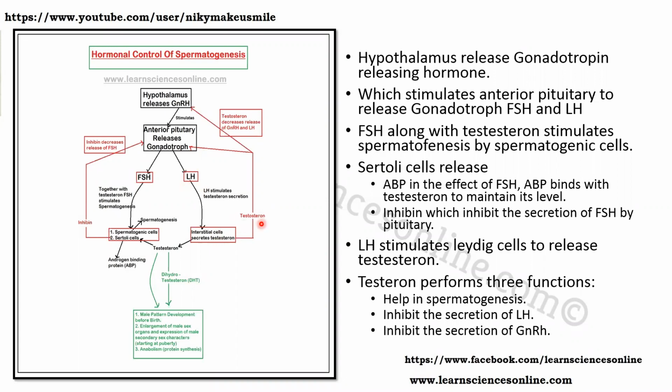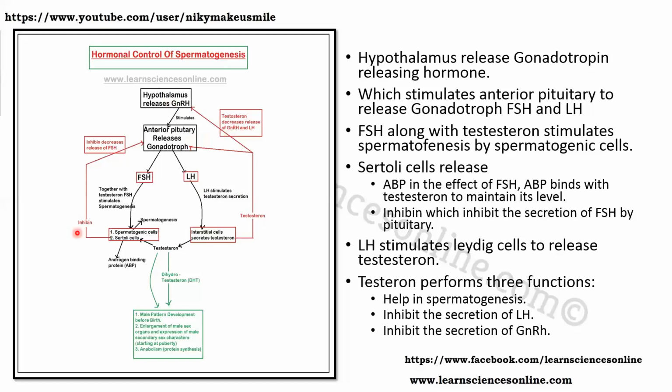This testosterone stops the pituitary from releasing more LH, because every hormone should be released in proper amount in the body only. Any greater amount is harmful for the body. So to maintain the level of LH in the body, testosterone has a negative effect on the pituitary. In the same way, it has a negative effect on the hypothalamus, as it decreases the secretion of gonadotropin releasing hormone also.